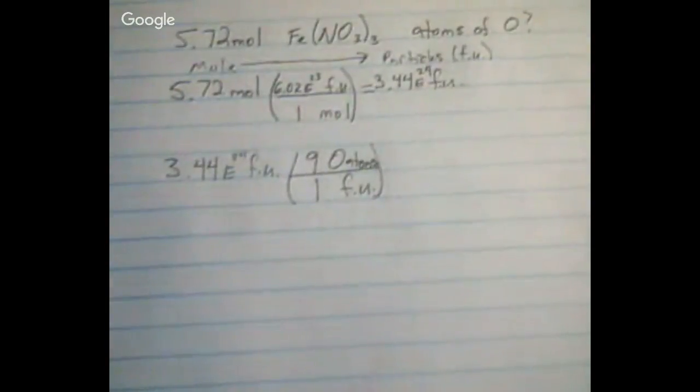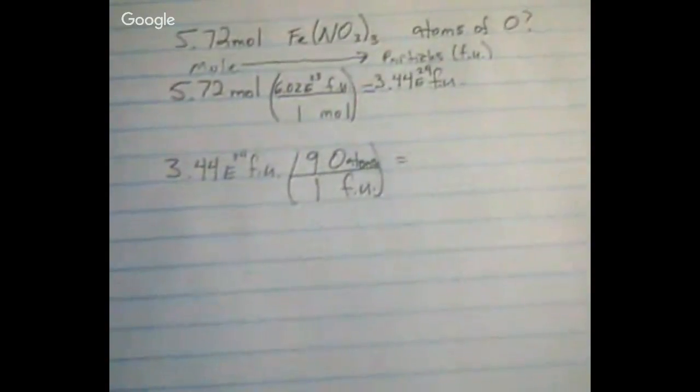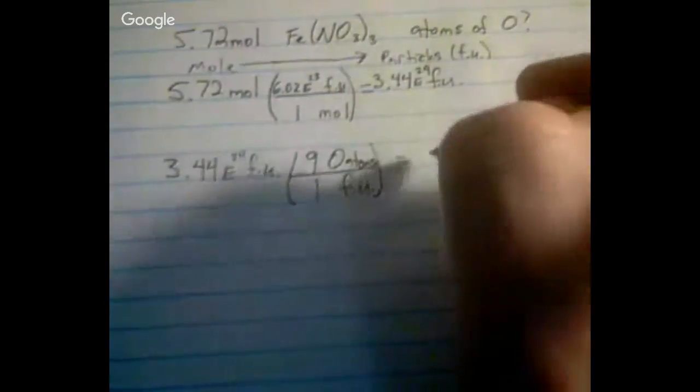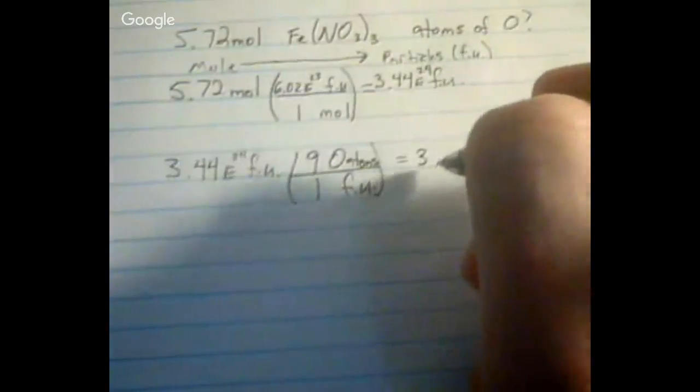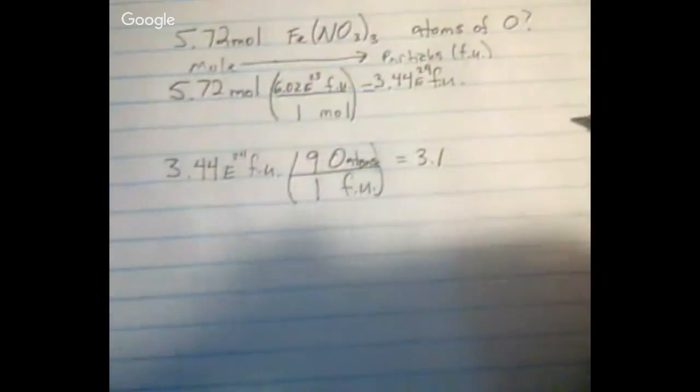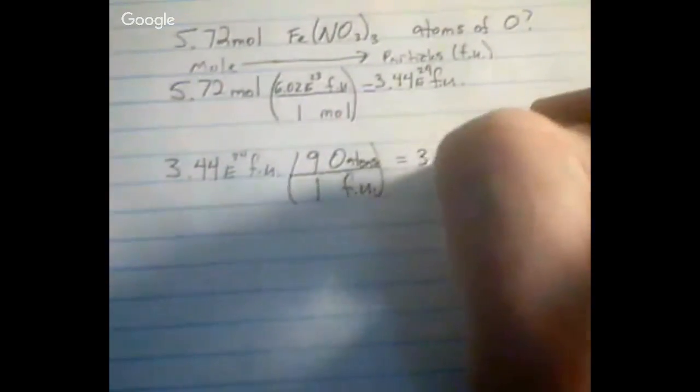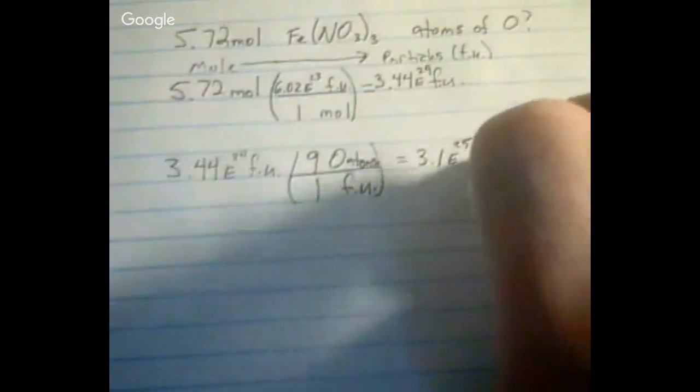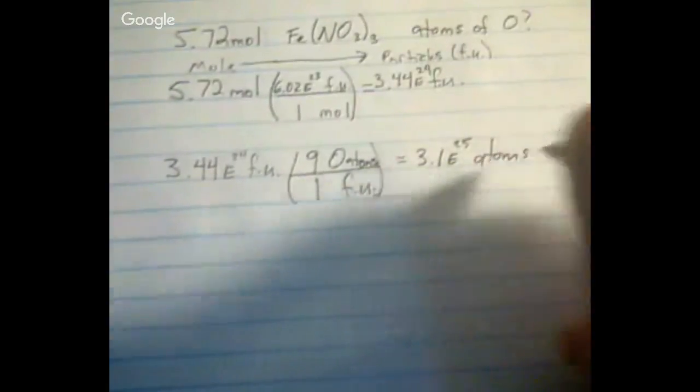So I'm going to multiply however many formula units I have by 9, and that should give me how many oxygen atoms there are. You should get somewhere around, I'm going to round a little bit more, 3.1 times 10 to the 25th atoms.